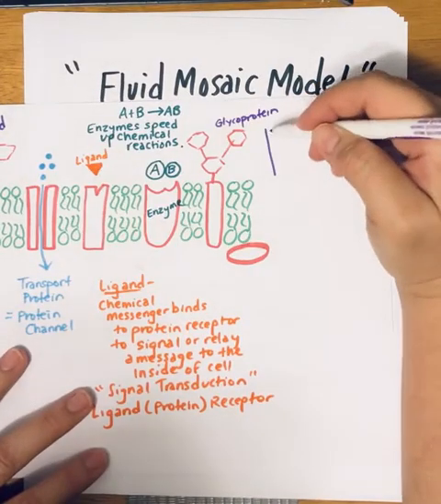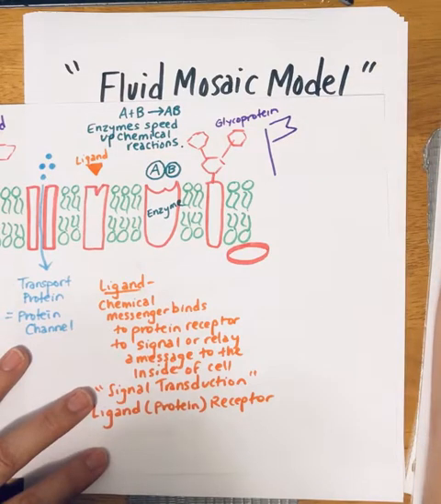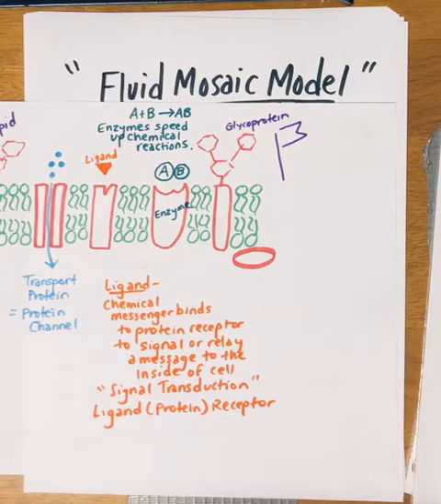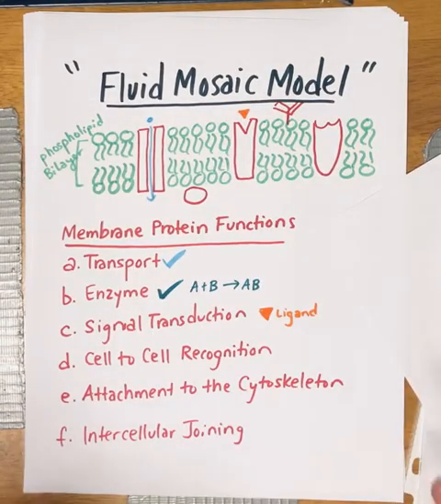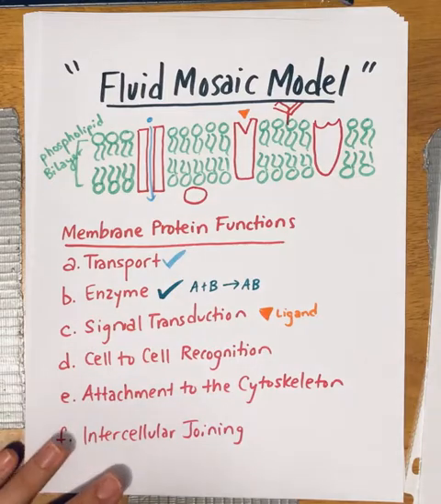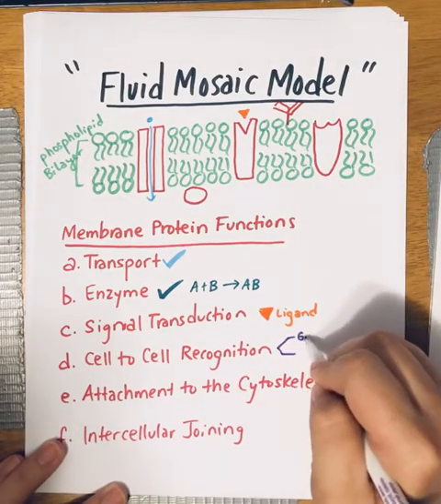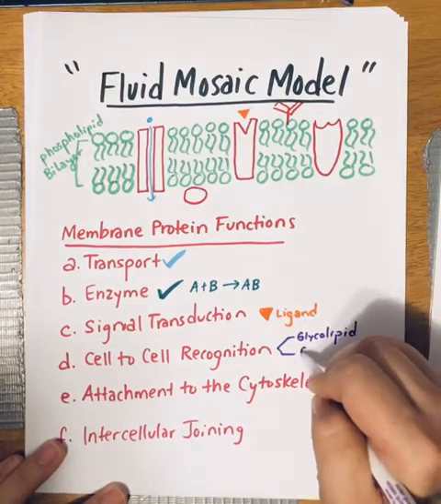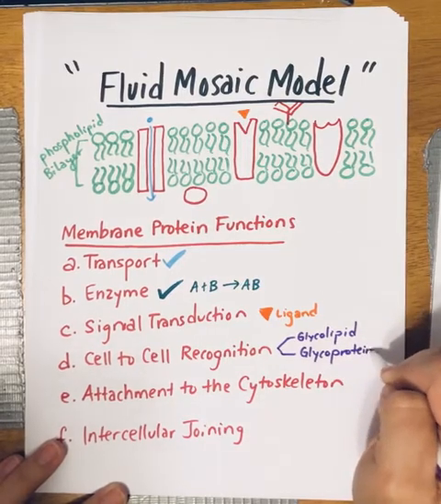This one is also a flag on the outside. Cell-to-cell recognition. So, on this other list, cell-to-cell recognition is going to involve two different proteins. Glycolipid and glycoprotein.